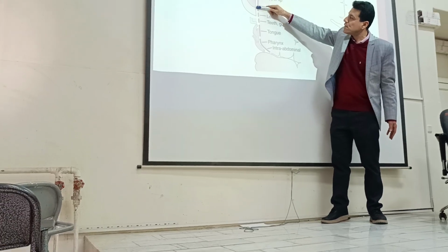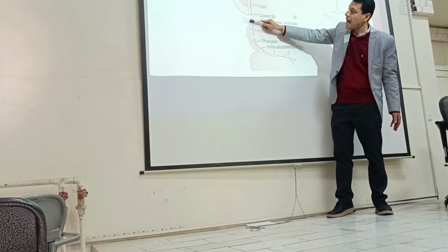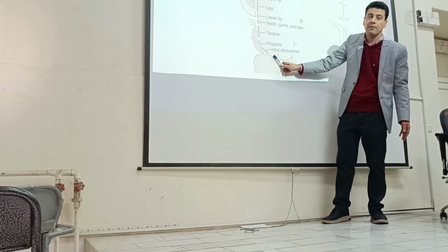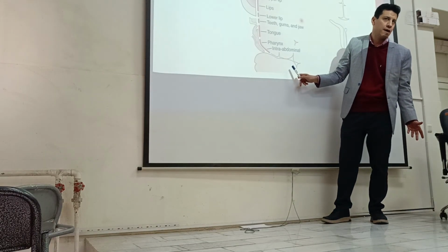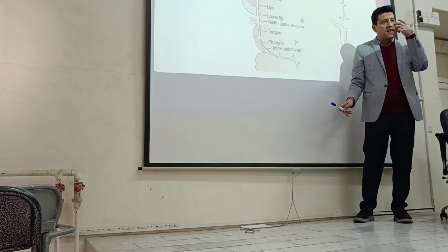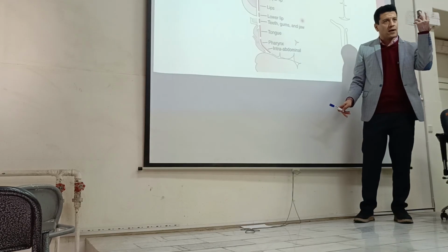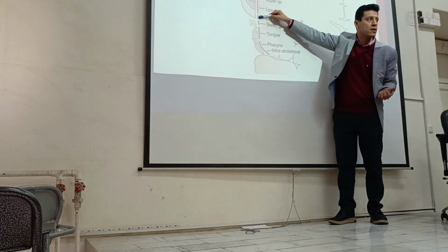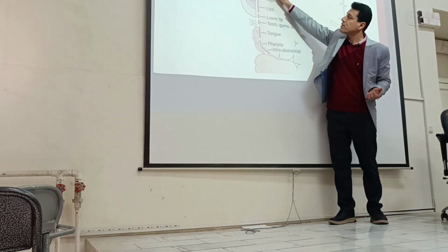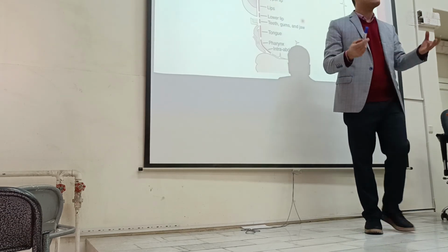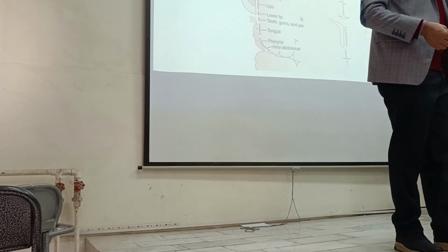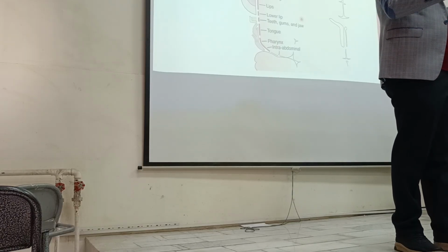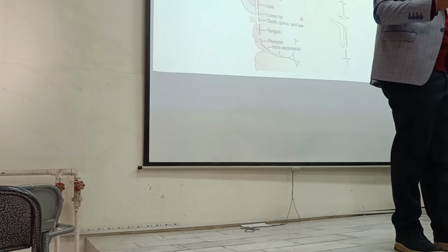We have face and mouth, tongue, and as I told you, intra-abdominal. Any sensation in the face on the opposite side activates neurons in the cortex. So when neurons in this area are activated, this means something is stimulating the face, so we feel touch in the face.